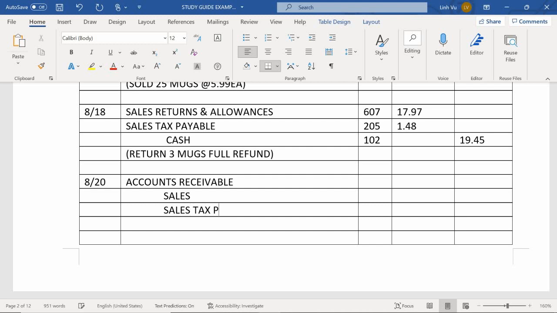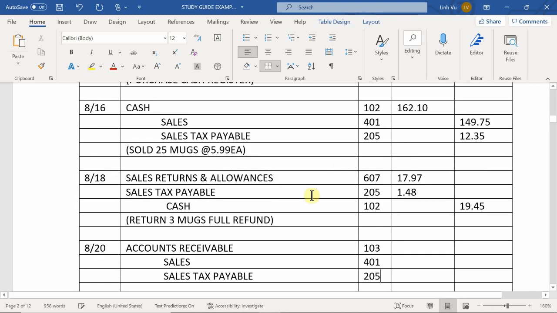Here is the accounts receivable, 103. The sales is 401, and the sales tax 205.